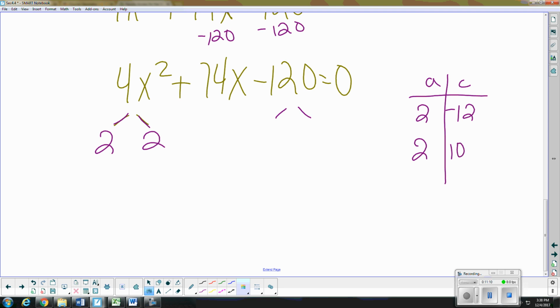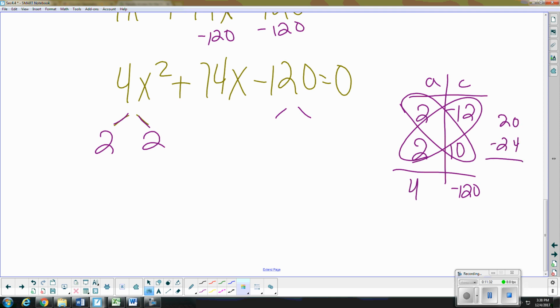So 2 times 2 is 4, negative 12 and 10 is negative 120, so that part works out. But 2 times 10 is 20, minus 24, that does not add up to 74. Okay, so that's not going to work.